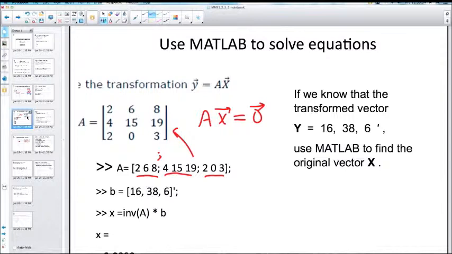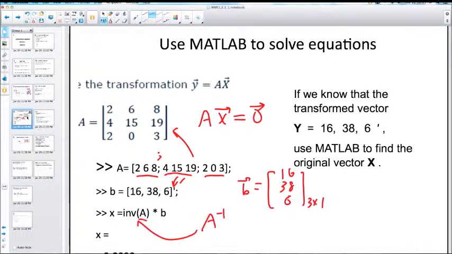remember this little prime here is very important. It means you're going to write B as a column vector instead of a row. So this is a 3 by 1. Now the solution in MATLAB is this command, the inverse of A, multiplied by the column B. So you got your answer.